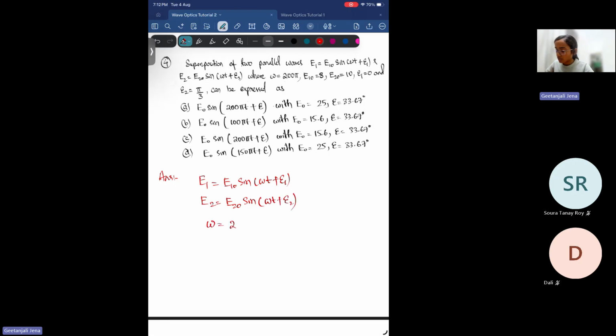Given omega is 200 pi, E10 is 8, E20 is 10, epsilon 1 is 0, epsilon 2 is pi by 3. If you superpose these two waves, what will be the expression for the final resultant?